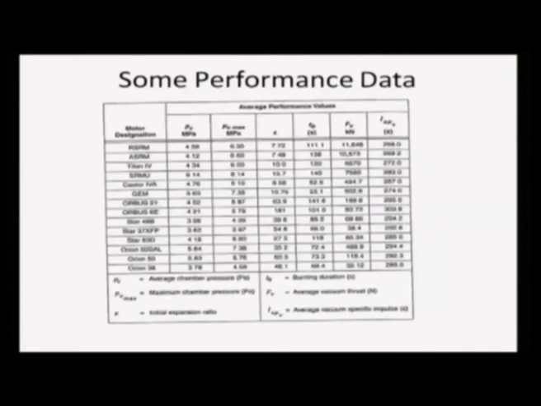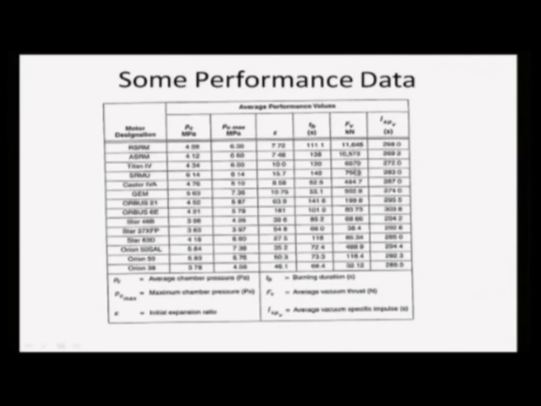Some performance data is tabulated here for various motor designations, various chamber pressures and the burning time, the thrust and ISP. You can see that for the solid propellants the maximum ISP is in this one, Orbus 21, 295.5, no sorry, Orbus 60, 303.8. On the other hand, the maximum thrust is in this RSRM, 11,648 kilonewton.